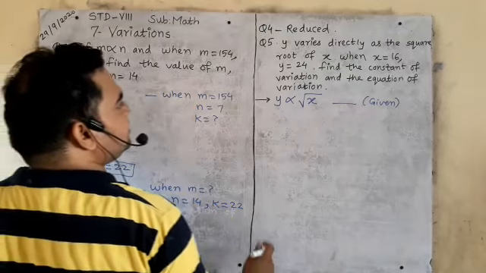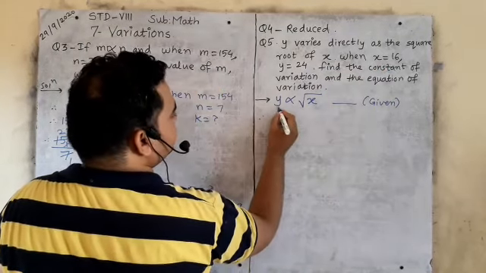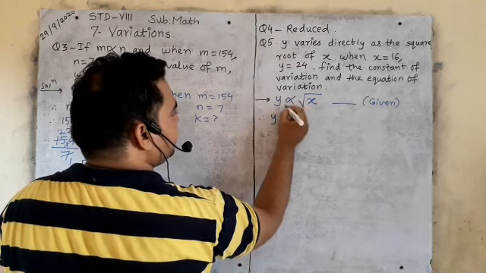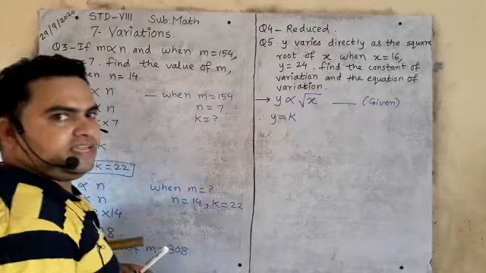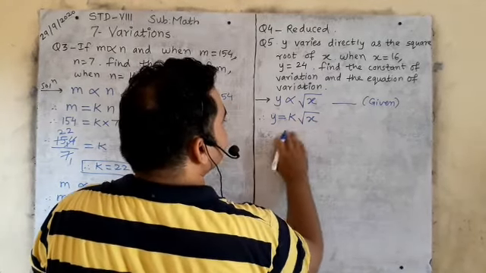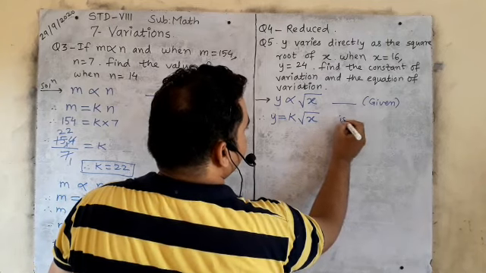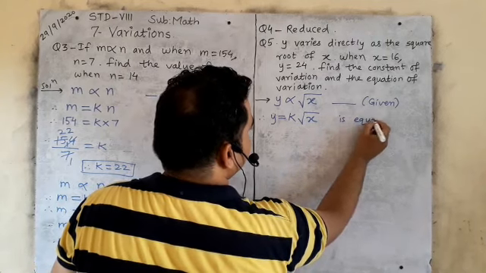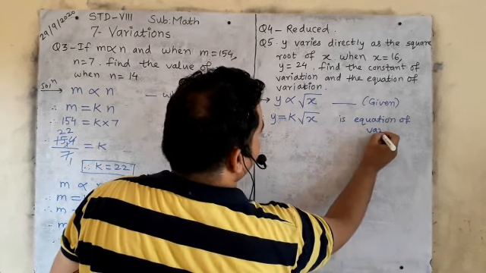Now we have to find the value of the constant. So how will we convert this? In place of this alpha we will use equals k, right? Then we will write the square root of x. So this is your equation, the equation of variation.